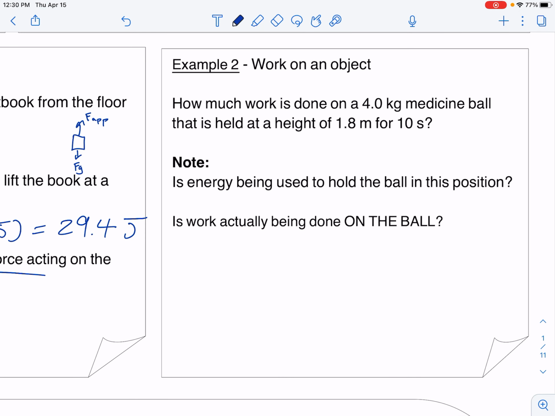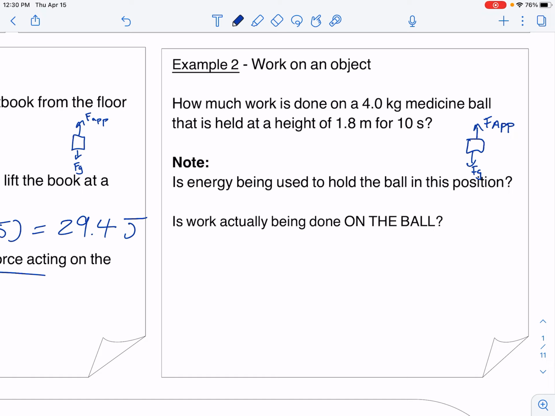Example 2. How much work is done on a 4-kilogram medicine ball that's held at a height of 1.8 meters for 10 seconds? Once again, notice that our object is still moving with constant velocity, even if it is not moving, so our forces are balanced as well. Key thing we did at the beginning of our unit: if you just hold something out, your arm will get tired, because you are using energy.